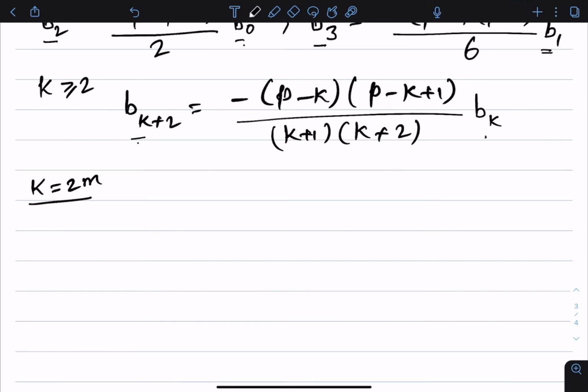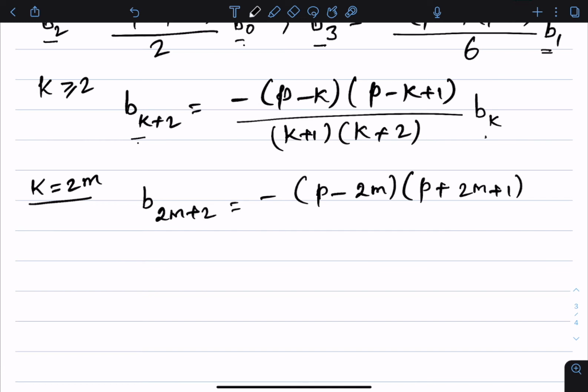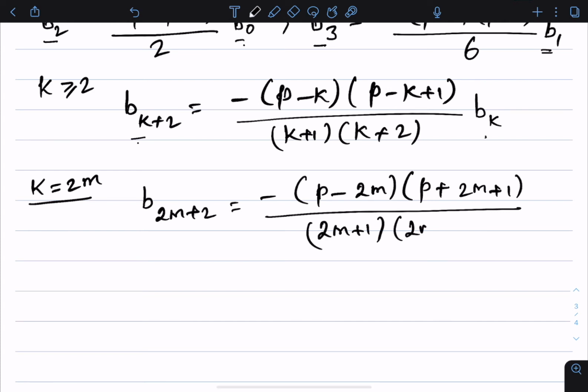If k is 2m, then your b(2m+2) is going to give you minus (p minus 2m)(p plus 2m plus 1) divided by (2m plus 1)(2m plus 2) times b(2m).